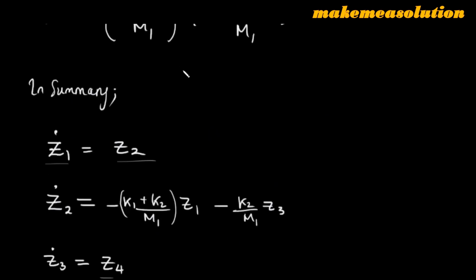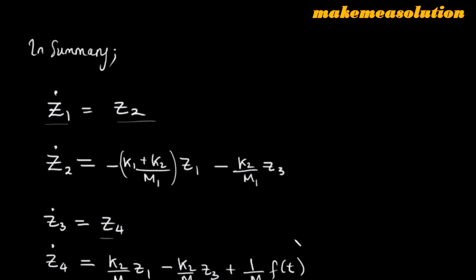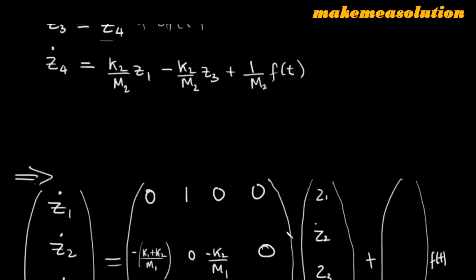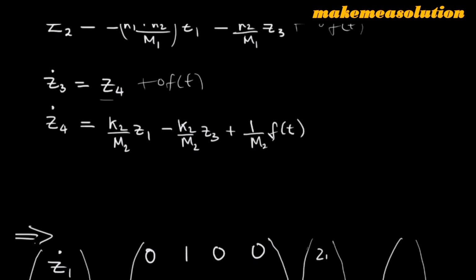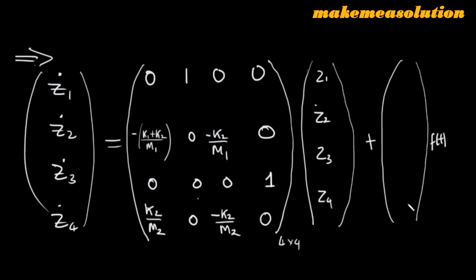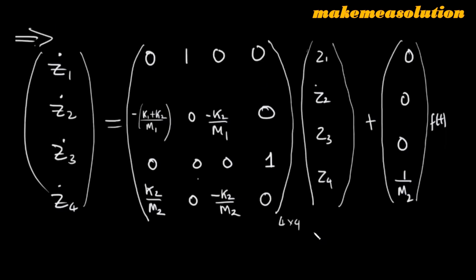Now notice that in all these particular equations, f of t does not occur. In other words, we have 0 f of t, 0 f of t, 0 f of t. The only one that has a non-zero f of t is the last one, with a coefficient of 1 over m2. So that is going to come here, 1 over m2, while the rest of them are 0, 0, 0, like this. So this is the state space representation of your system.